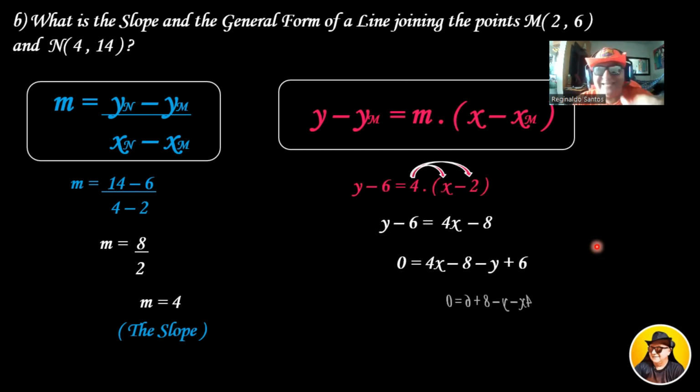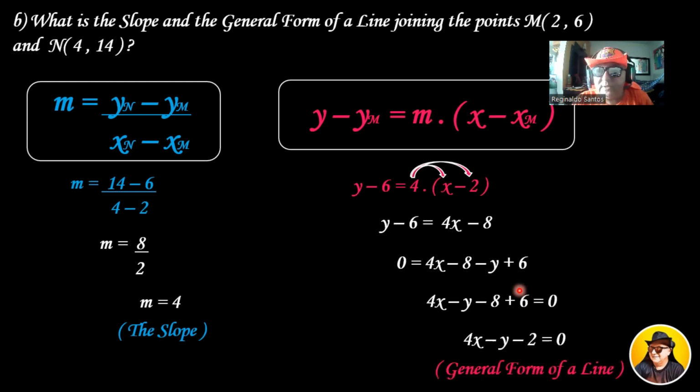And now rotating our equation, we have that 4x minus y minus 8 plus 6 is equal to 0. Now let's operate this. Minus 8 plus 6 is minus 2. So our general form of a line is 4x minus y minus 2 equals to 0. This is the general form of a line. All right.